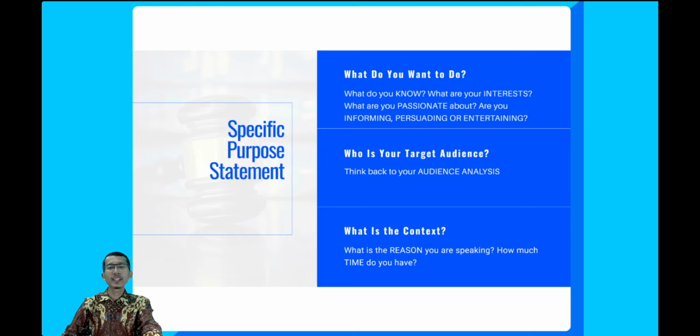Then you must find an angle and approach that will allow them to see the value of what you are saying and listen to you. The more you know about your target audience, the more likely you are to succeed. Good speakers are very knowledgeable about their audience.